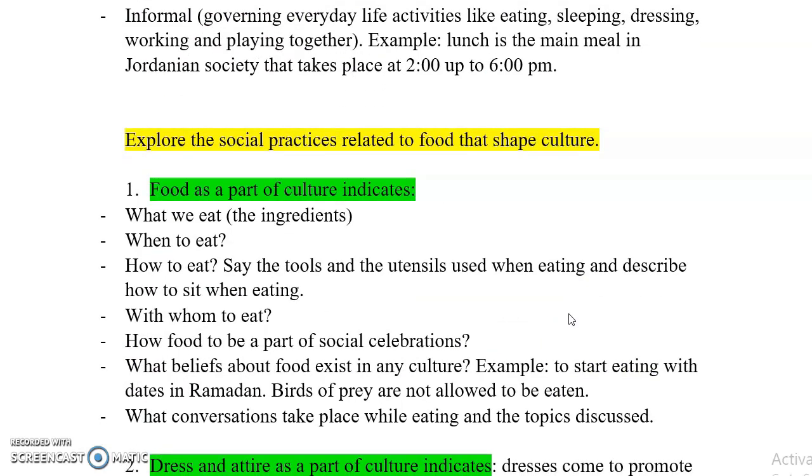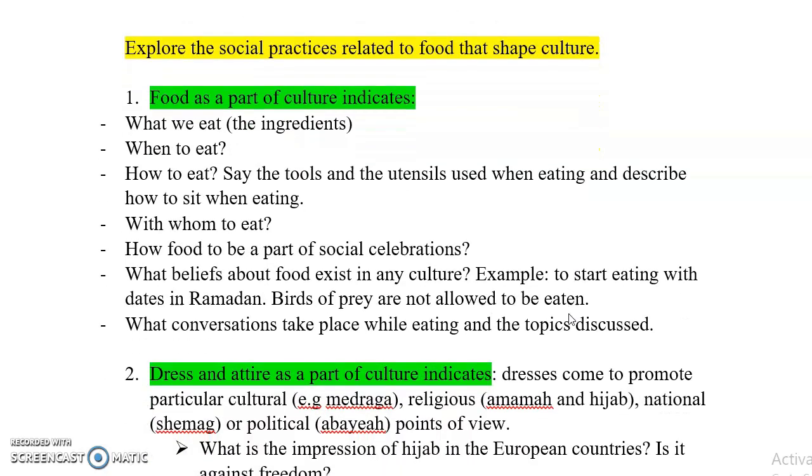You can explore the social practices regarding food, dress, and so on. For example, if you want to think about the social practices regarding food as a part of our culture, we have to think about these questions: what we eat, I mean the ingredients.